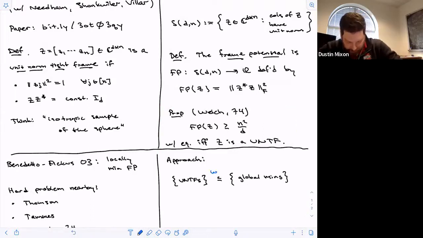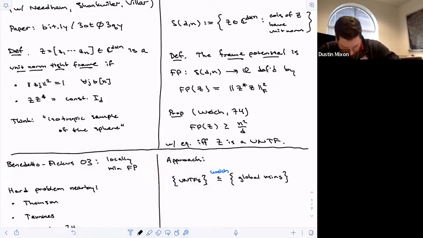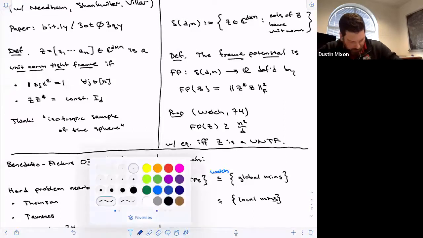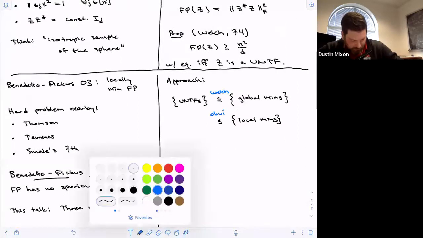So this is by Welch. Okay. Next, if you're a global min, you are necessarily a local min. This is by Calc 1. Let's call it obvious.